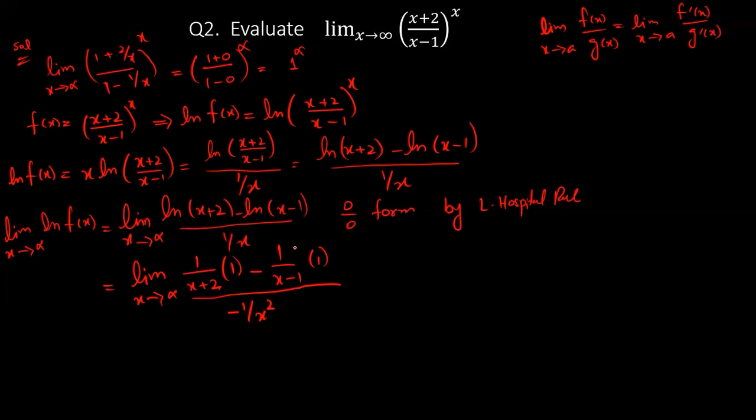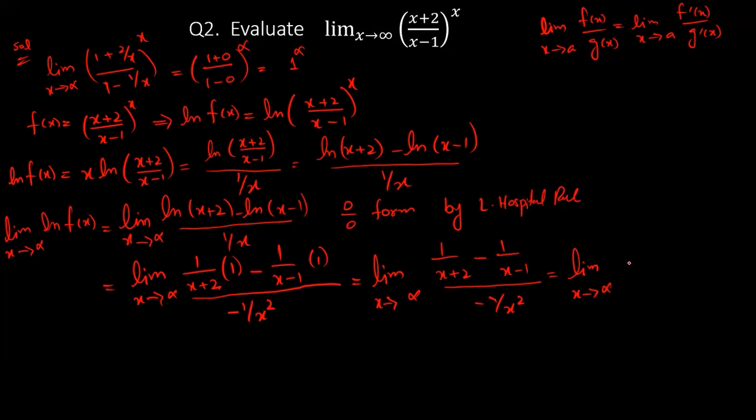We have differentiated these two functions, and let's write it as 1 over x plus 2 minus 1 over x minus 1, divided by minus 1 over x square. So now let's take the LCM of these two fractions, so we get a proper form and can easily apply the limits.